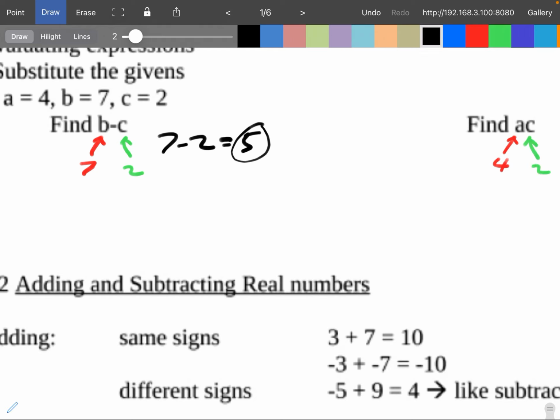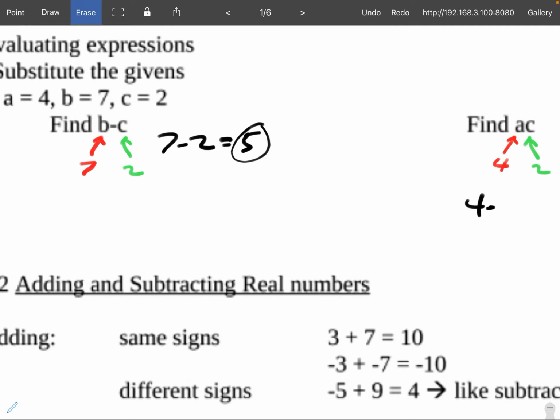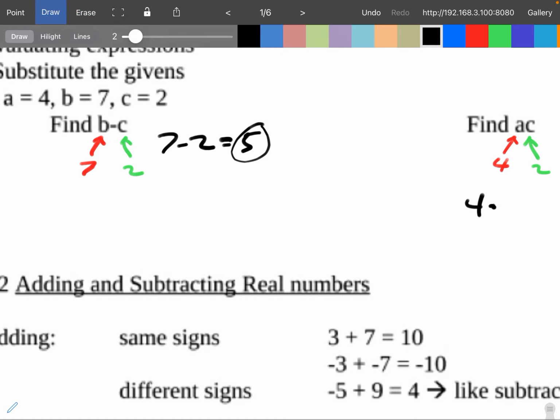So what we're going to do here then is we're going to do 4 times 2. It's supposed to be a times. How come that's not undoing? I don't know. Sorry, 4 times 2 is 8. And that's it. That's the first lesson. Let me stop the recording.